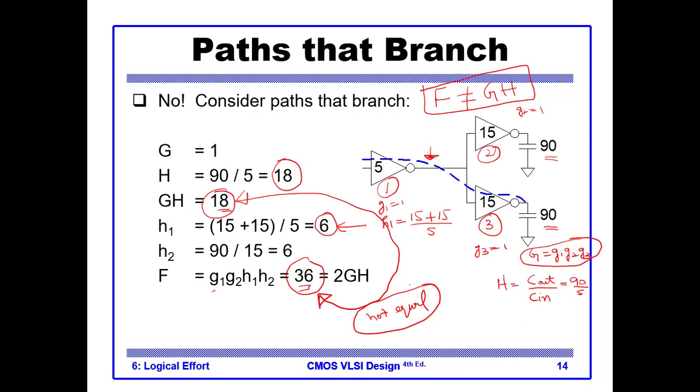So which is the correct one? The correct one is the value of 18.